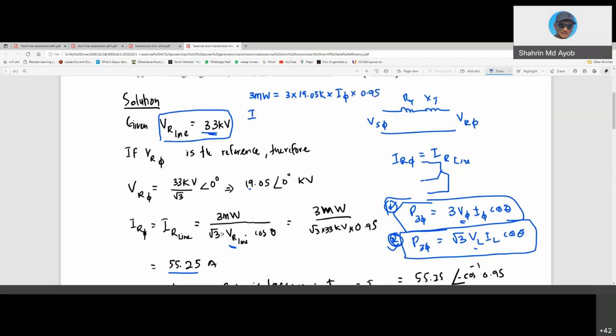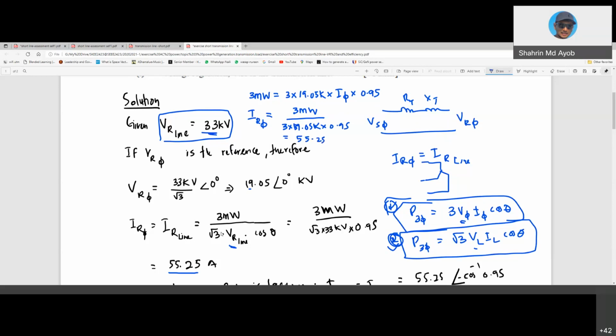So I receiving phase is equal to 3 megawatt over 3 times 19.05 kilovolt times 0.95. I should get the same answer, which is 55.25 ampere.